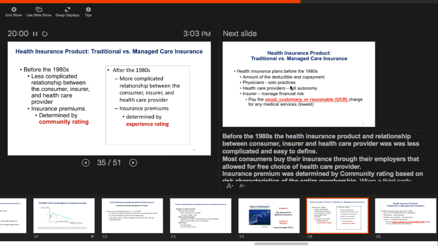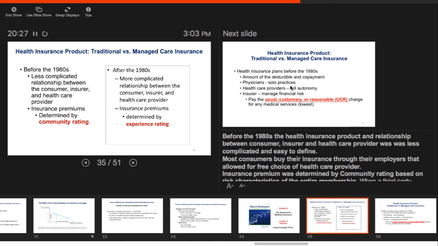The physicians have restrictions on what to prescribe, and the insurance premium is determined nowadays based on experience rating. That means the insurance company groups people by their age, gender, type of occupation, and prior existence of chronic disease.